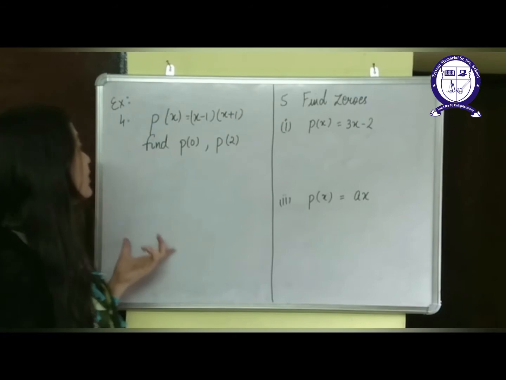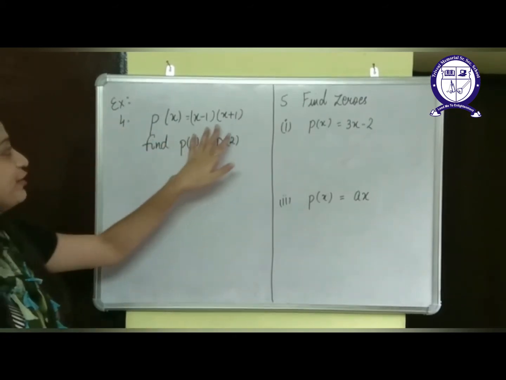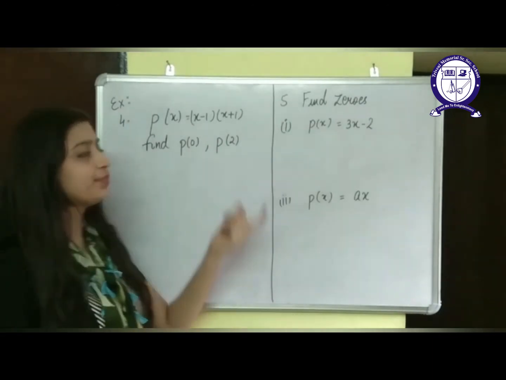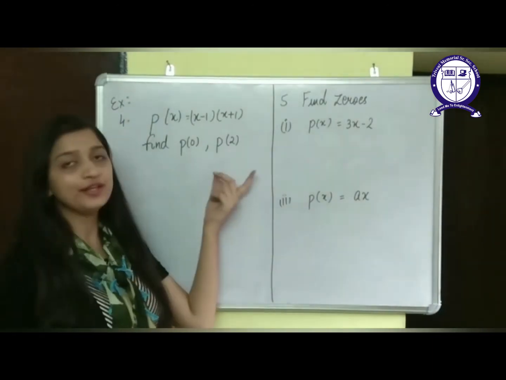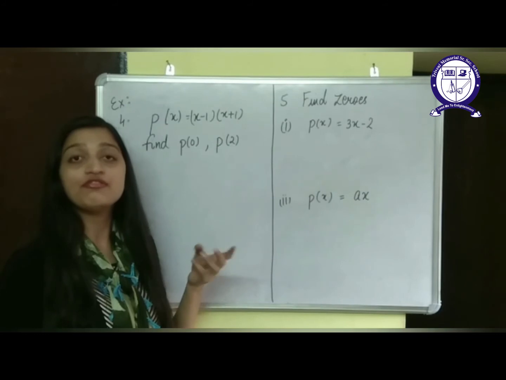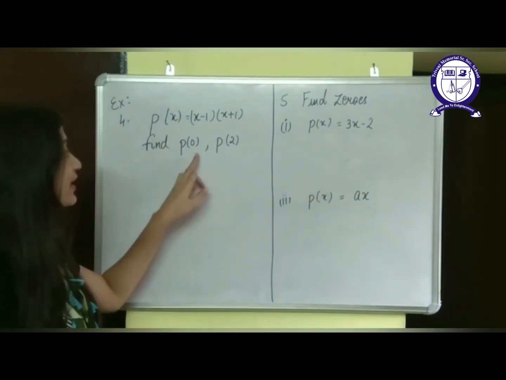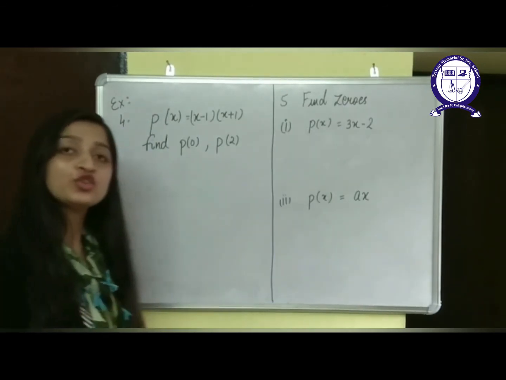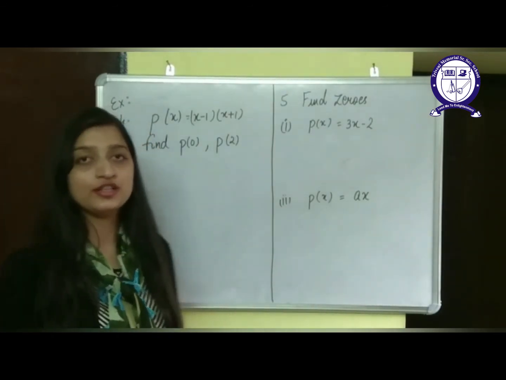Okay. Now, this is my example number 4. P(x) is given to be (x minus 1)(x plus 1) and we need to find p(0) and p(2). p(0) and p(2) denote that we need to find the value of polynomial at x equals 0 and x equals 2. So we are just going to put 0 and 2 in place of x.